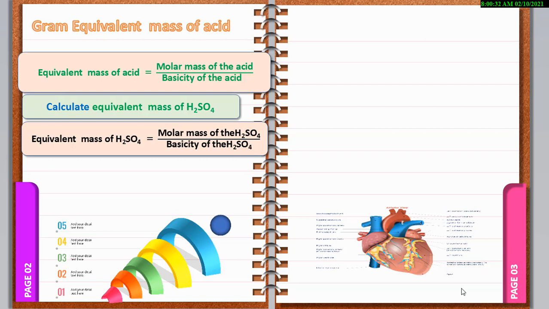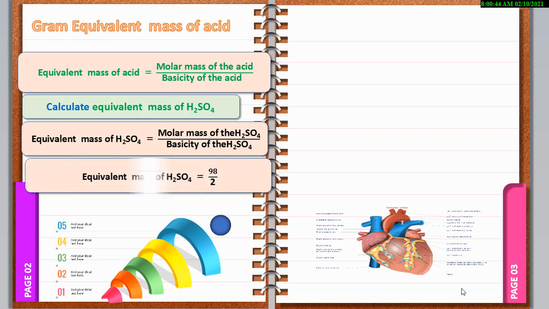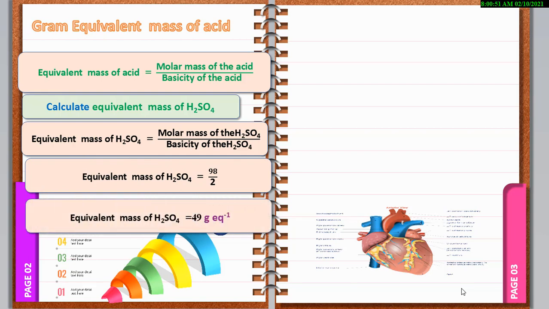Molar mass of H2SO4 is equal to 98. Basicity of H2SO4 is 2 because number of replaceable hydrogen atoms is equal to 2. So basicity of sulfuric acid is equal to 2. Substituting the values, equivalent mass of H2SO4 is equal to 98 divided by 2. So we get equivalent mass of H2SO4 equal to 49 gram equivalent power minus 1.